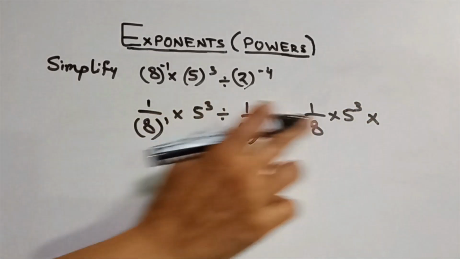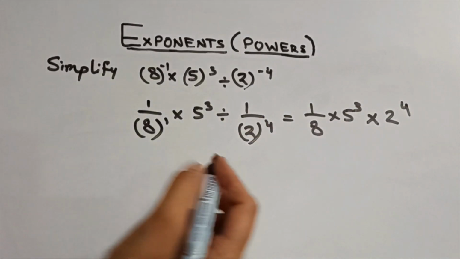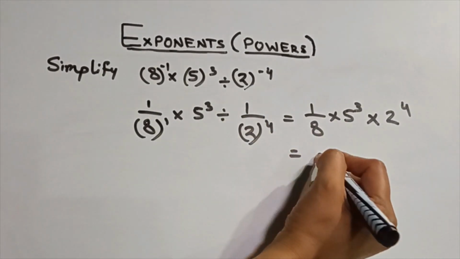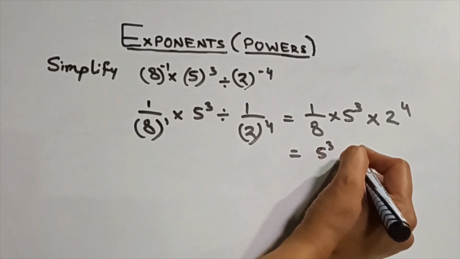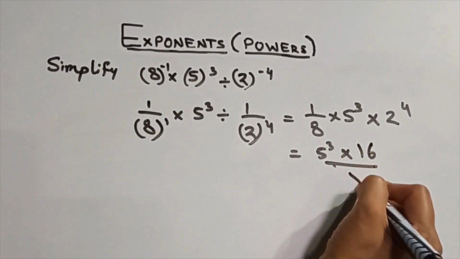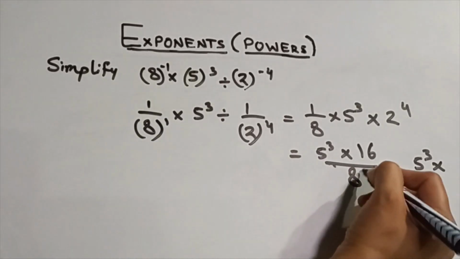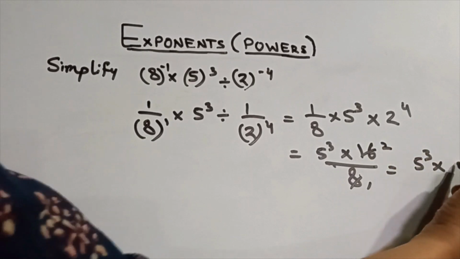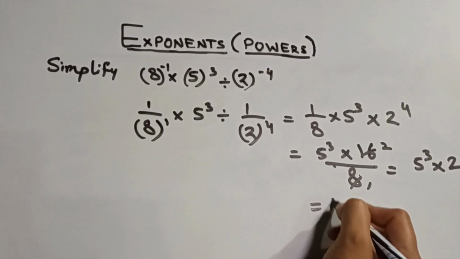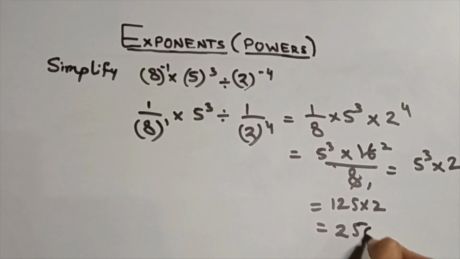This becomes a multiplication sign and taking the inverse of it, so this is 2 raised to 4. 5 raised to 3 into 2 raised to 4 is 16 upon 8. This is 5 raised to 3 into 8 ones are 8, 2 times. So 125 into 2, which is nothing but 250.